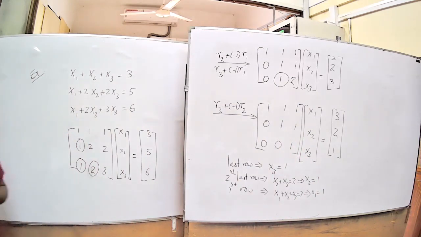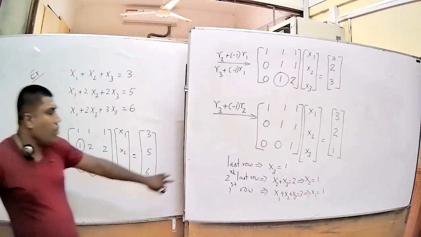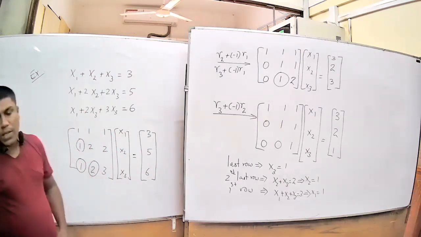So if you convert the coefficient matrix A into an upper triangular matrix by suitable row operations, you can solve that upper triangular system starting from the last equation and substituting from the last variable. This process is called back substitution.